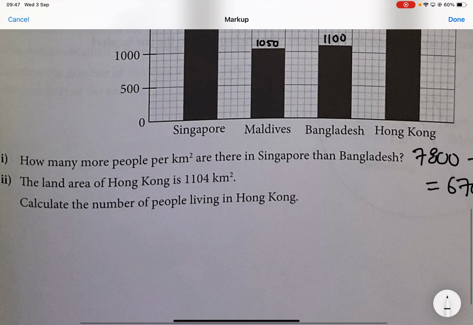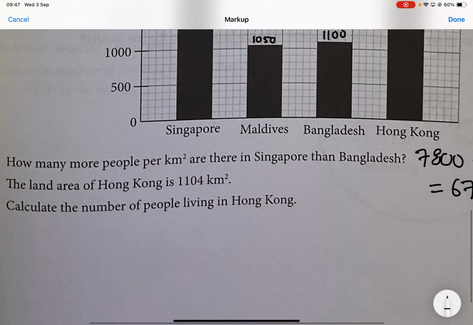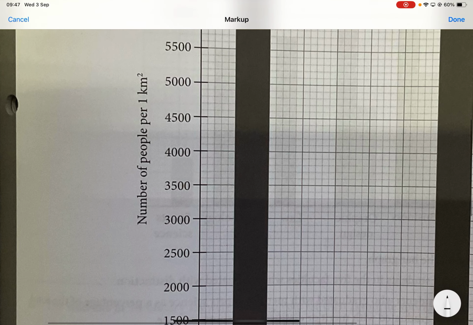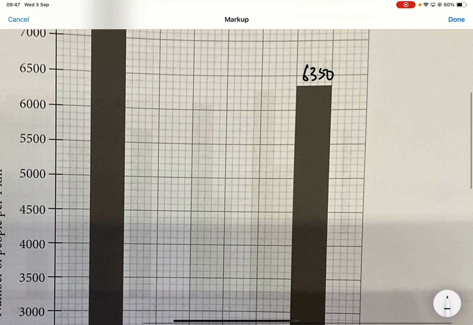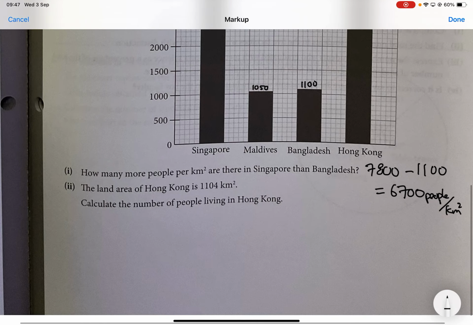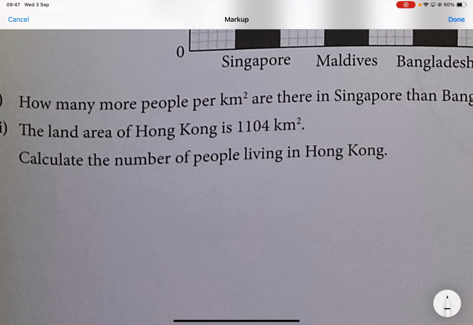Okay, the land area is 1,004 kilometers square. So if you go and read here, the number that we took just now is every 1 kilometer square. Every 1 kilometer square in Hong Kong got 6,350. But now, the entire Hong Kong is not just 1 kilometer square. It is 1,004.